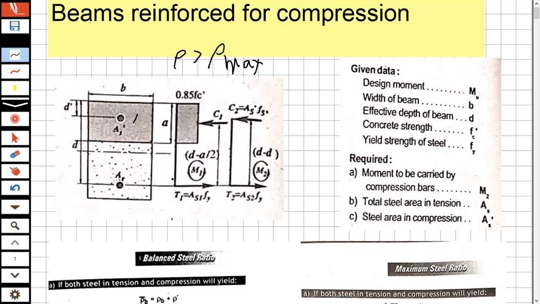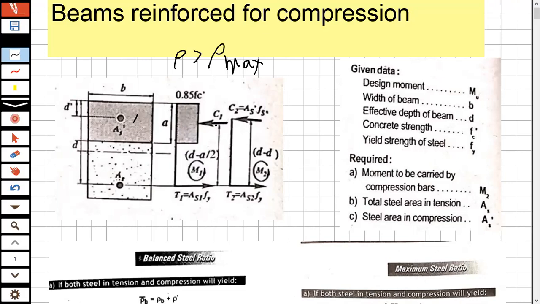So ganito ang mangyari, no? So here, if you have to show the internal forces, you have your T1 corresponds to As1 Fy, and then this corresponds to a compressive force that is generated by the concrete.